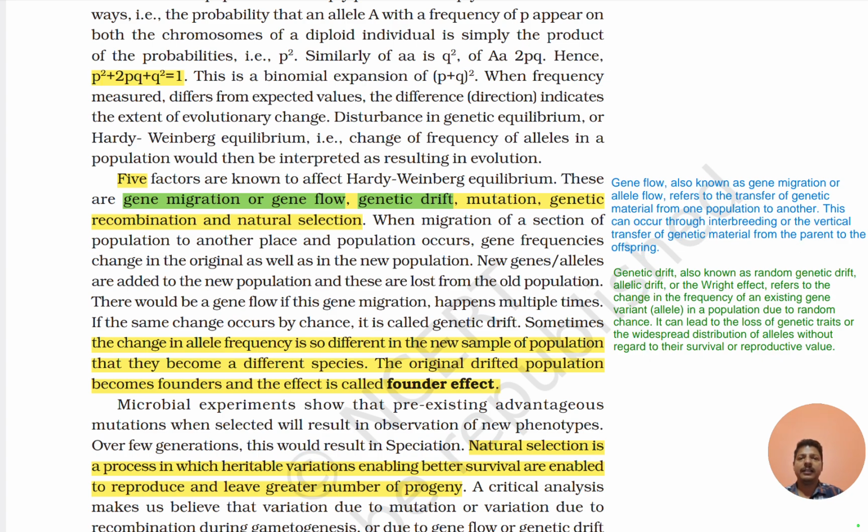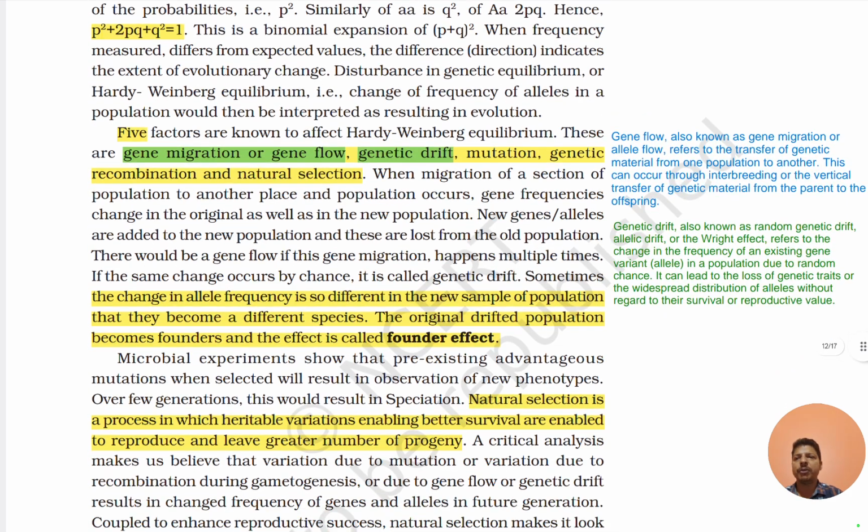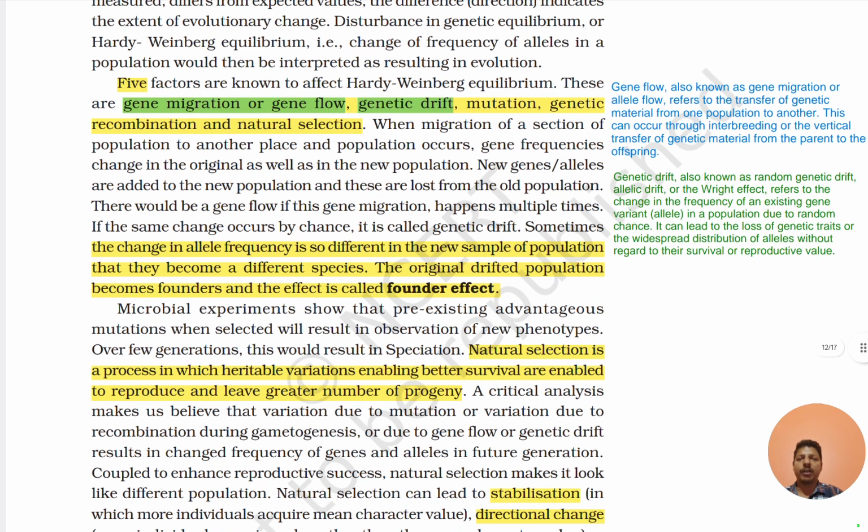This is called genetic drift. Mutation we all know, gene recombination we all know, natural selection we know. Then founder effect. The change in allele frequency is so different in the new sample of the population that they become a different species, and the original drifted population becomes the founder, and the effect is called founder effect.